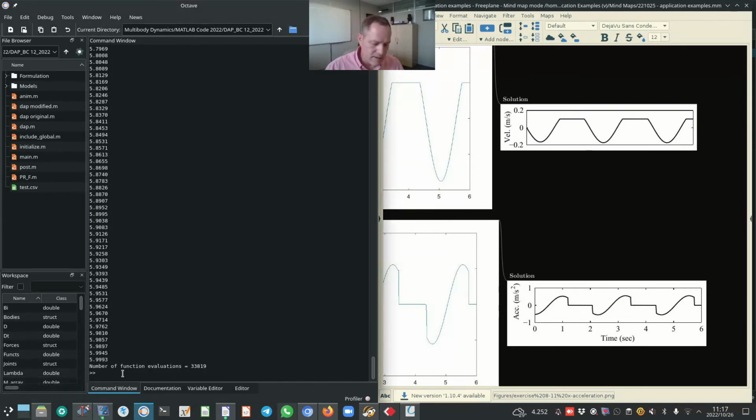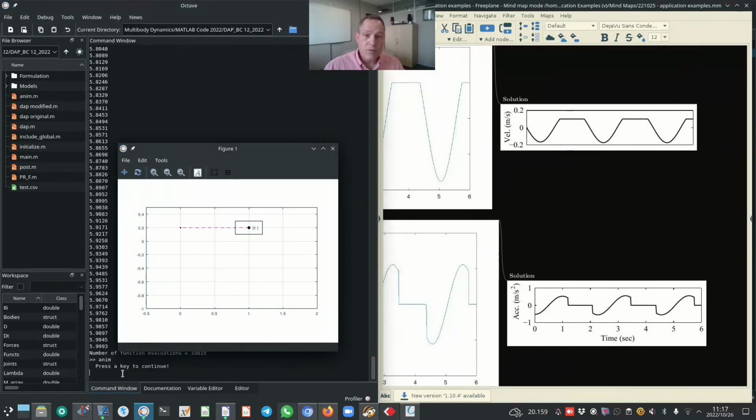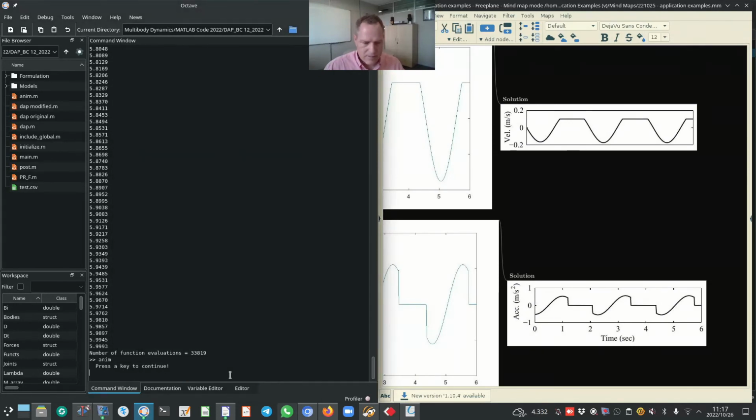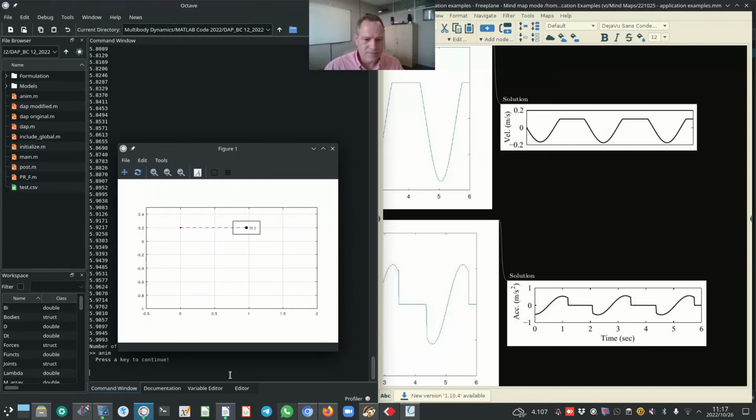I now want to run the animation, so I type in the abbreviation anim for animation, and we can press a key to continue. In that animation, you could clearly see the behavior depicted here for the velocities in the x direction as well as the acceleration, but clearly you could see the velocity behavior, the movement of the block on the conveyor belt.